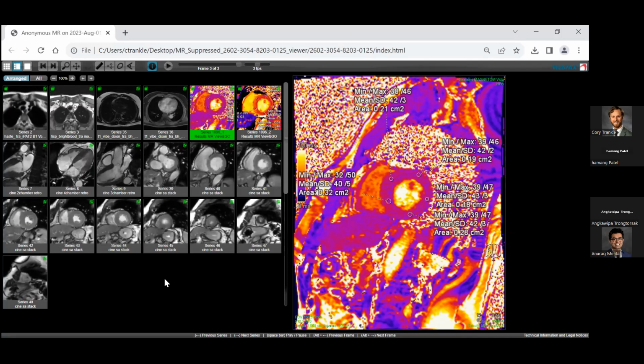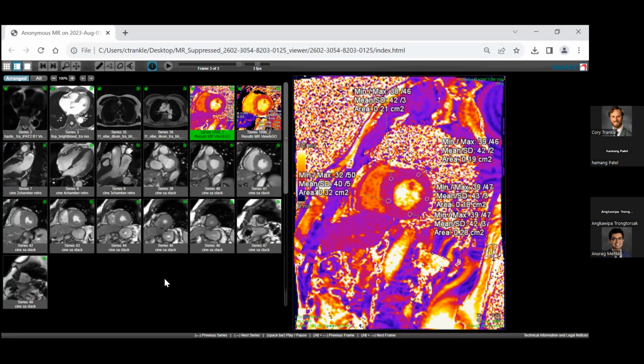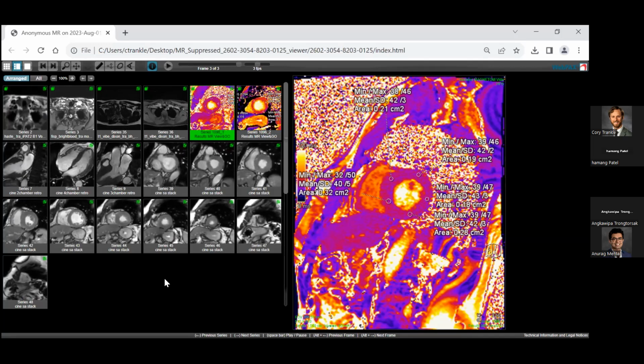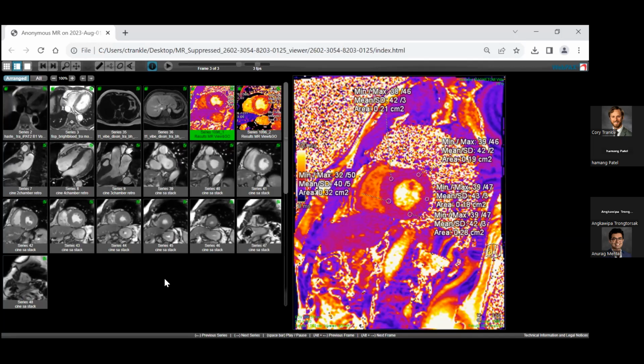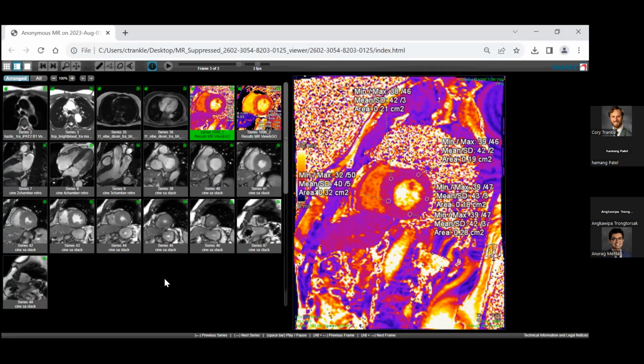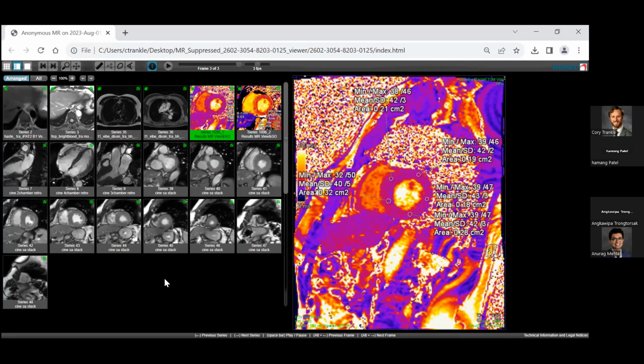Well, how do you distinguish 950 from 978 milliseconds? You're going to need more than shades of gray. So that's why you have the pixels and the T1 time or the T2 time expressed in color.